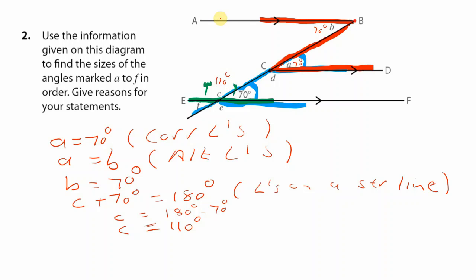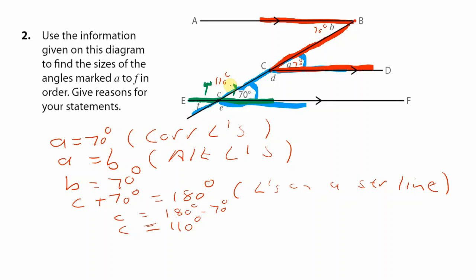The other thing that you could have done, you could have looked at this A, B. So from A, B, this whole portion here and this portion here, then you have between two parallel lines the co-interior angles, in other words, the U or the C shape.